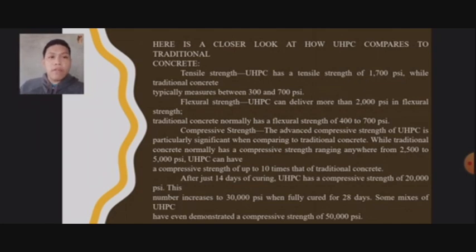After just 14 days of curing, UHPC has a compressive strength of 2,000 psi. This number increases to 30,000 psi when fully cured for 28 days. Some mixes of UHPC have even demonstrated a compressive strength of 50,000 psi.